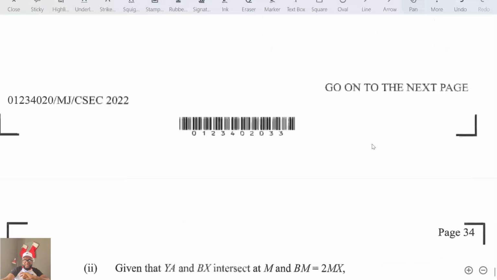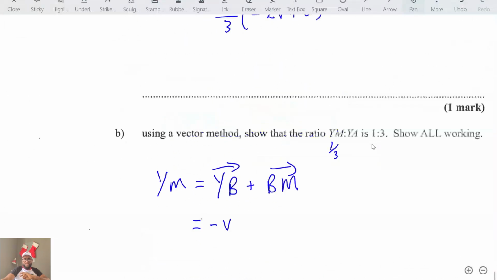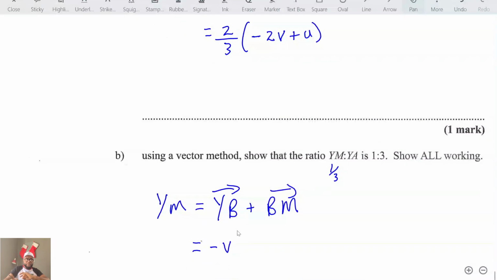Y to B would be negative V, and then BM is what we just found here, which would be plus 2/3 of negative 2V plus U.